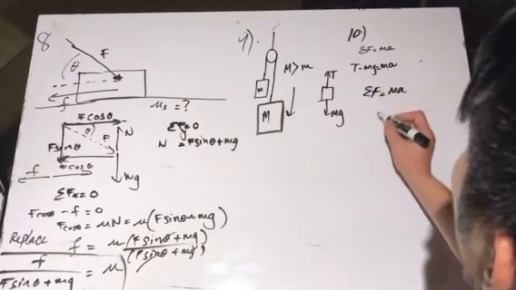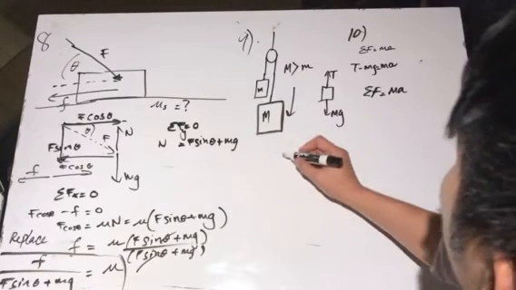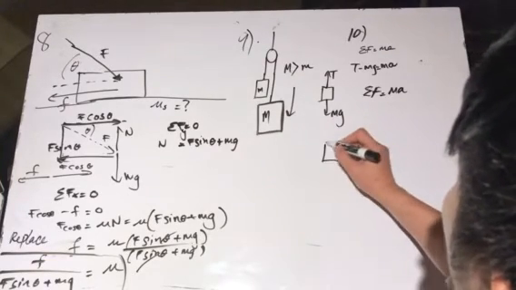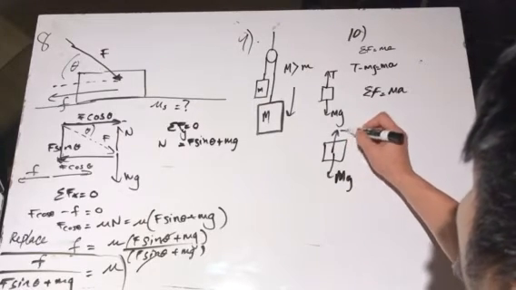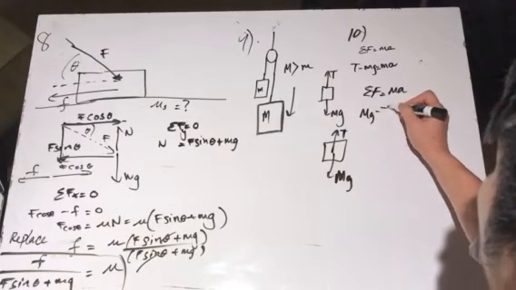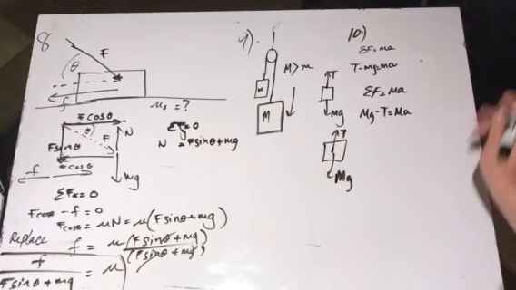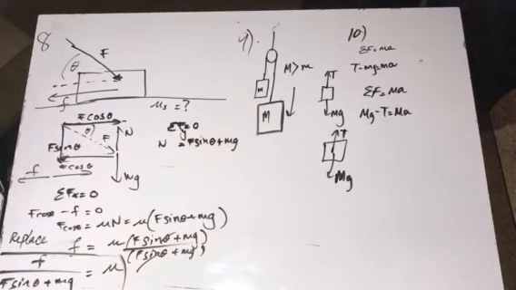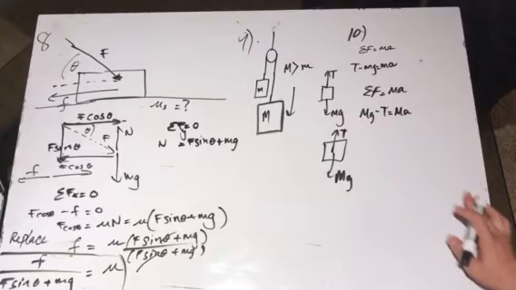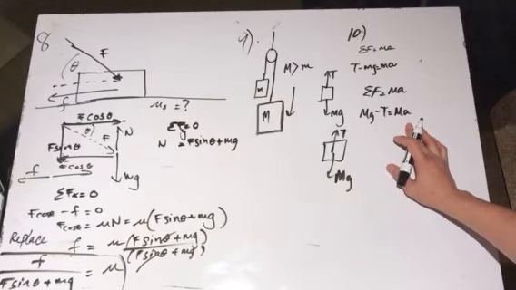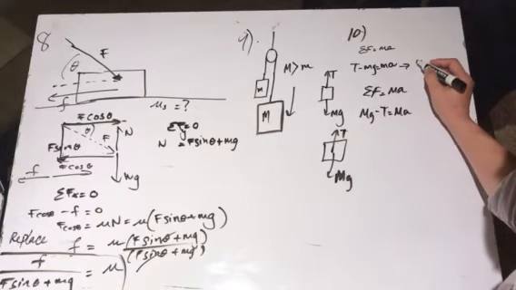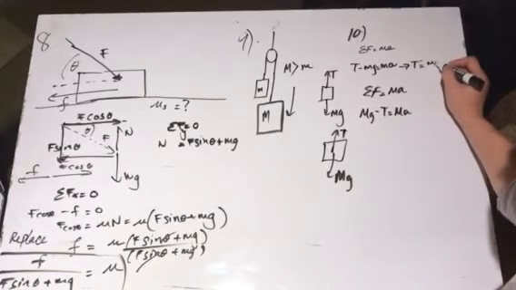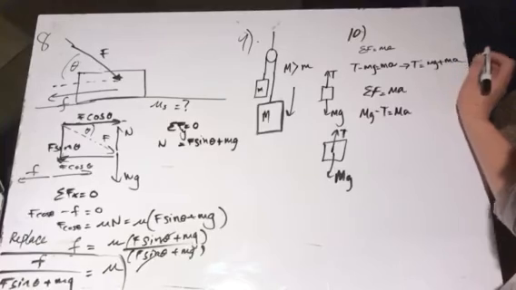So the sum of forces is equal to Mg minus T equal to Ma. So what I will do is set this one so that T equals mg plus ma.